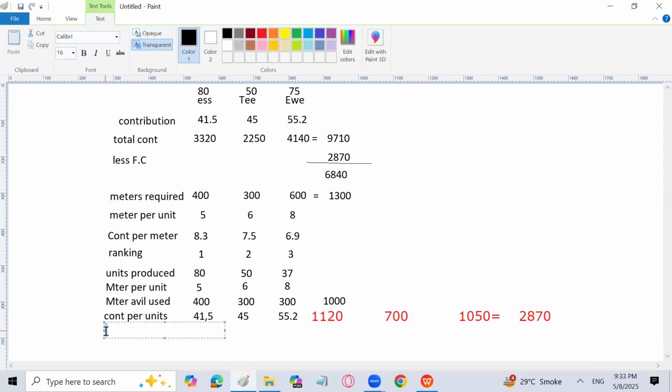Now the total contribution according to the optimum production plan: 80 into 41.5, which we have already calculated, is 3320. Then 50 into 45 is 2250, and then you have to calculate 37 into 55.2. What is the amount? 37 into 55.2.